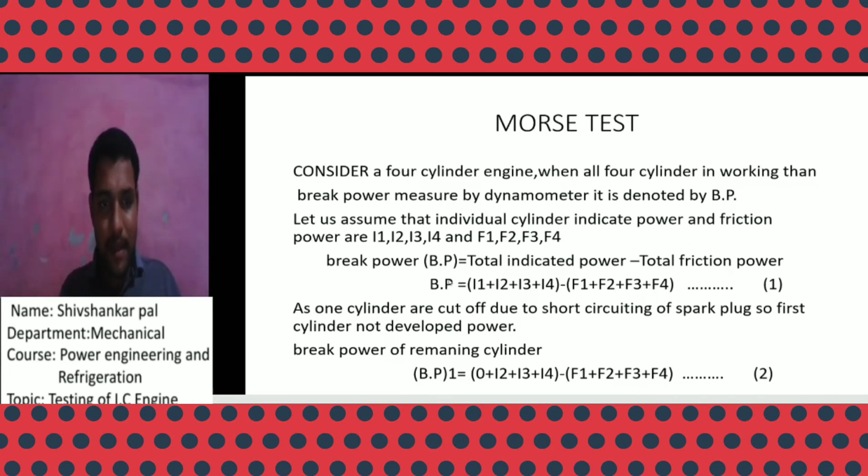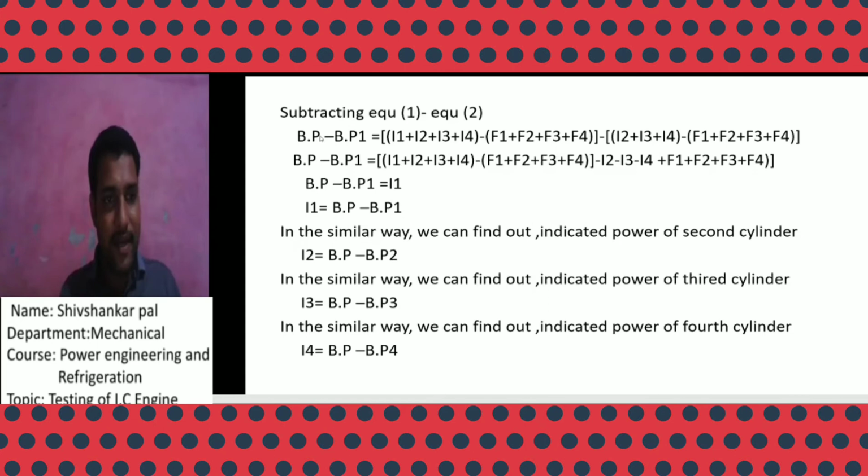The left-hand side is BP minus BP1, equal to the right-hand side of the first equation minus the right-hand side of the second equation. Opening the brackets, plus minus is minus, and all of the friction terms are positive.